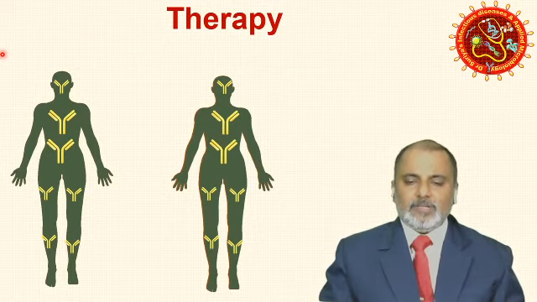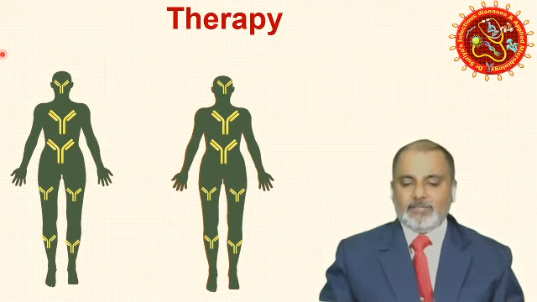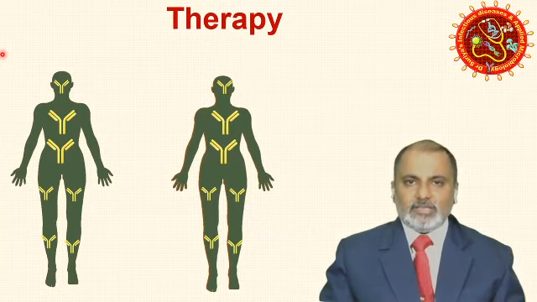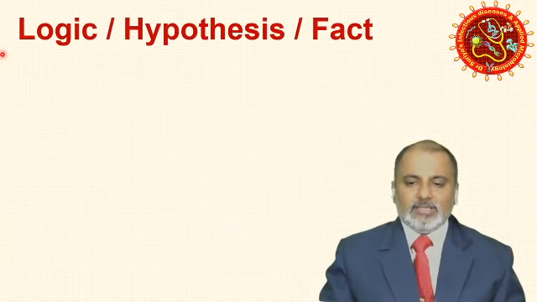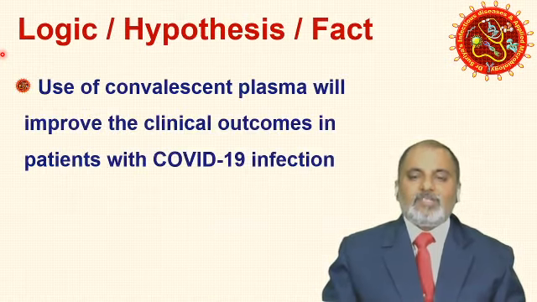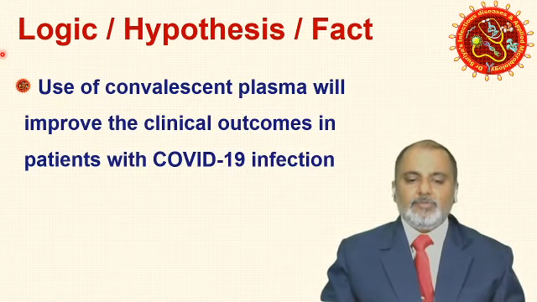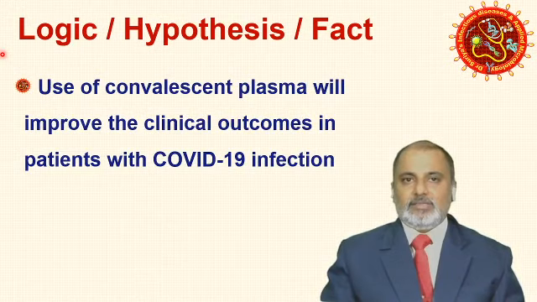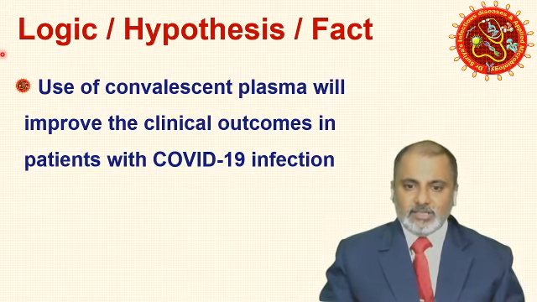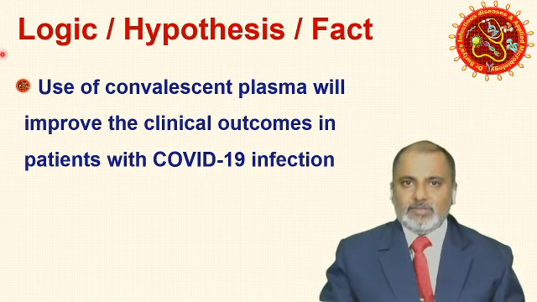So this is the concept of convalescent plasma therapy. So based on this, what is the basic hypothesis? Simple. Use of convalescent plasma will improve the clinical outcomes in patients with COVID-19. Is it applicable for all stages of the illness? Is it really true? Are there any adverse effects? We'll see in the following presentation.